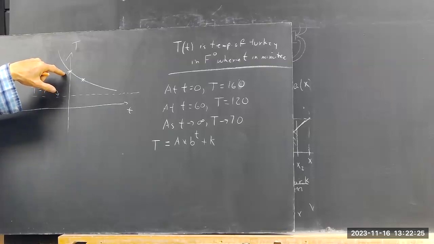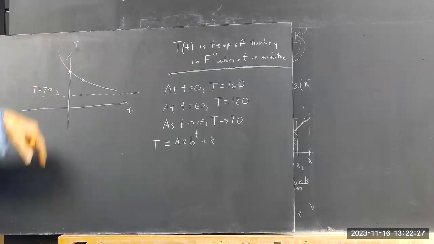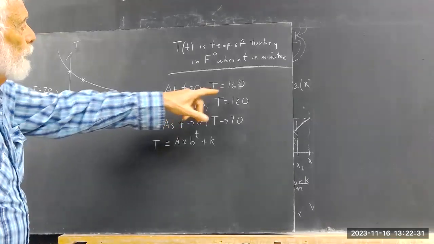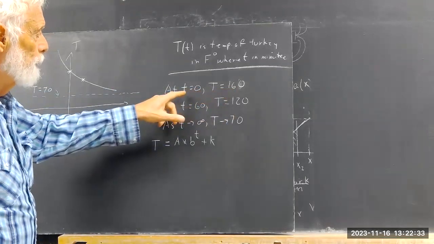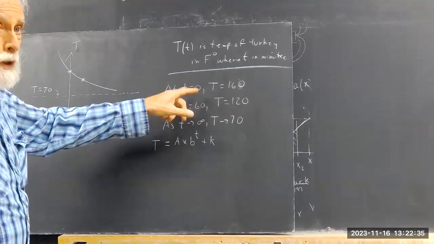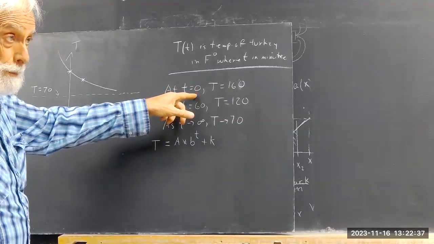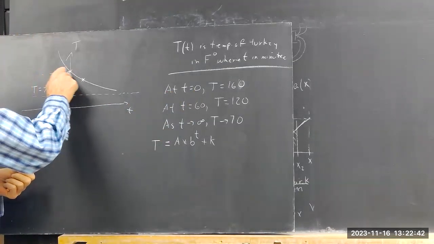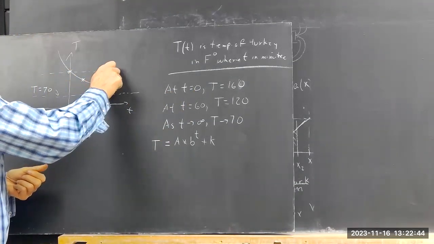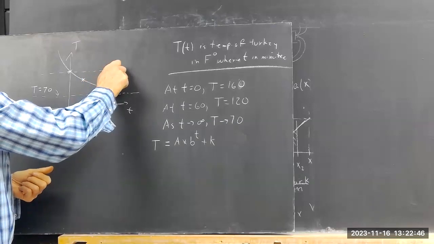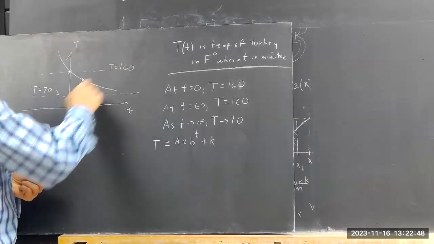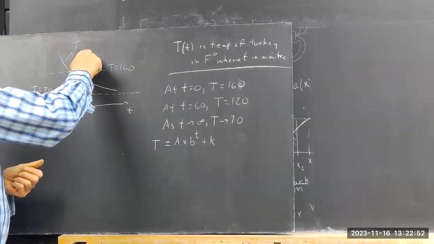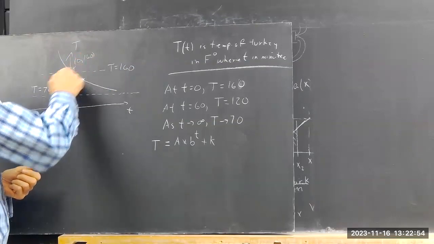Okay, then we have 2 points here. What coordinates? Why did I put this point on the t-axis? Because we know that big T equals 160 when little t equals 0. So I can draw a line here: big T equals 160 here, and this is the point (0, 160).